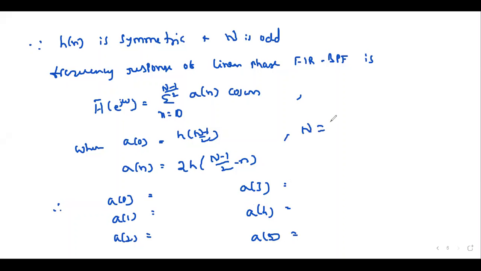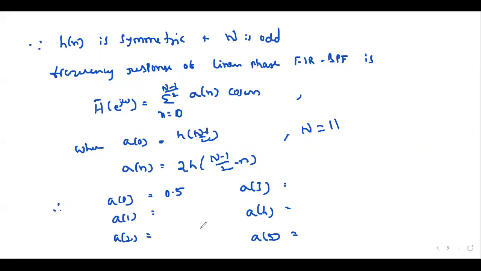N is equal to 11 here, so (11 minus 1) by 2 means h of 5. What is the h of 5 value? It is 0.5, so a of 0 is 0.5.